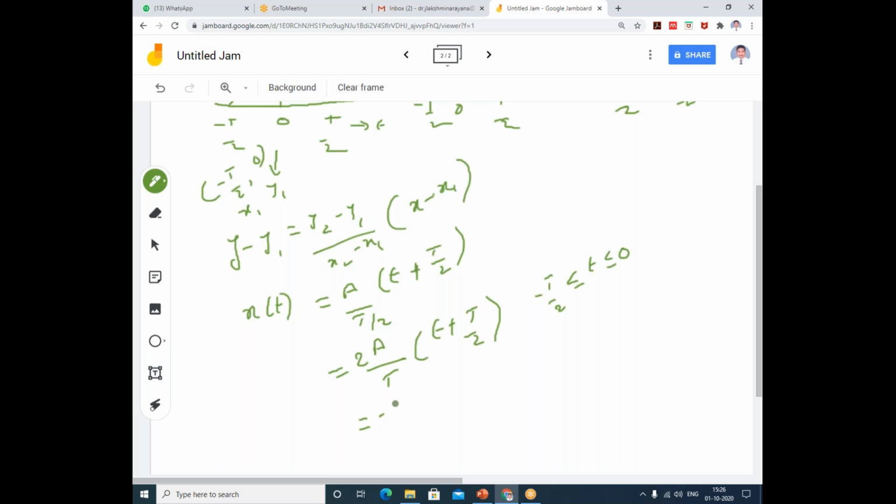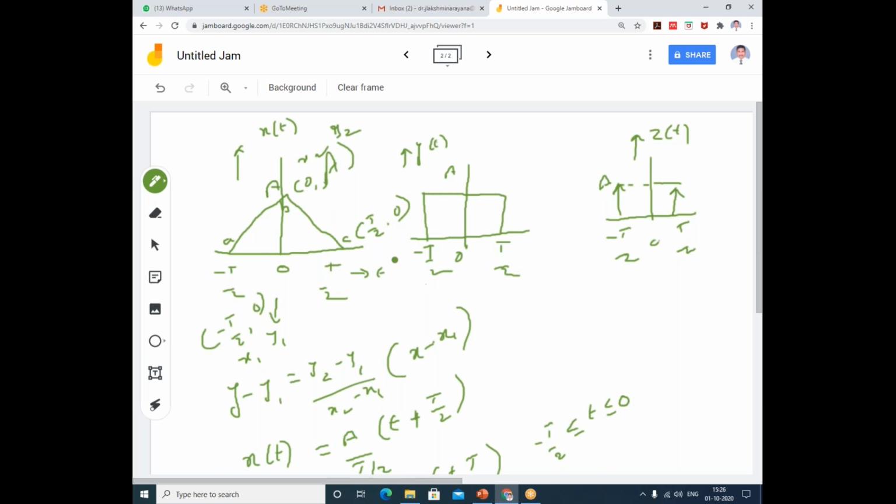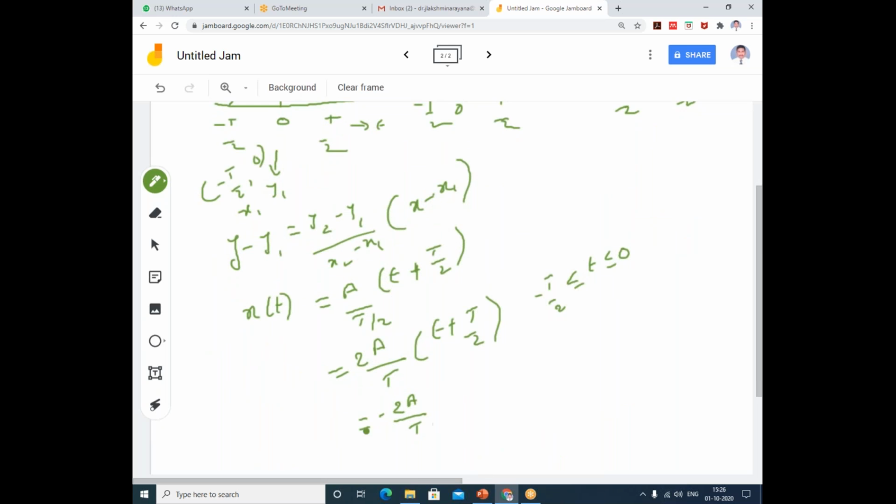So y2 minus y1 over x2 minus x1 gives minus 2A by T, and I can write minus 2A by T into x minus x1, with x1 as T by 2.